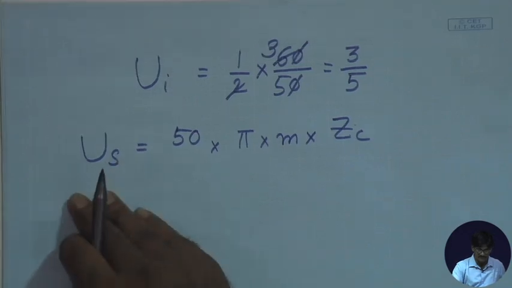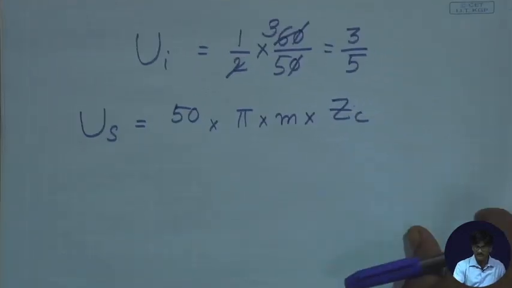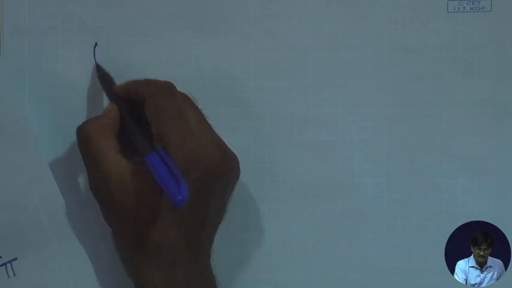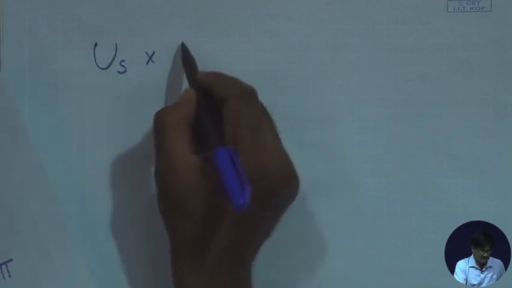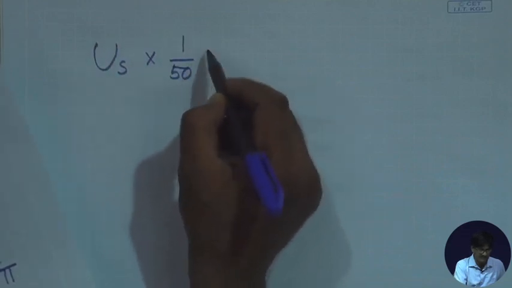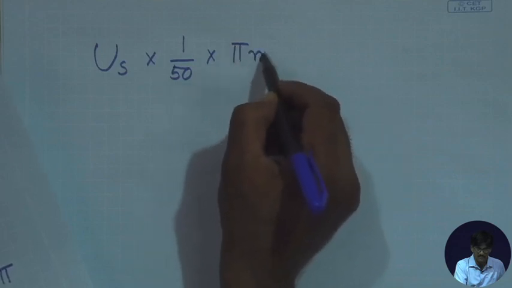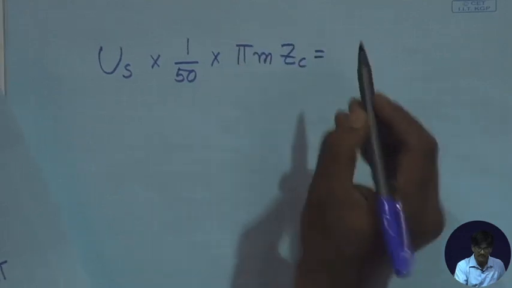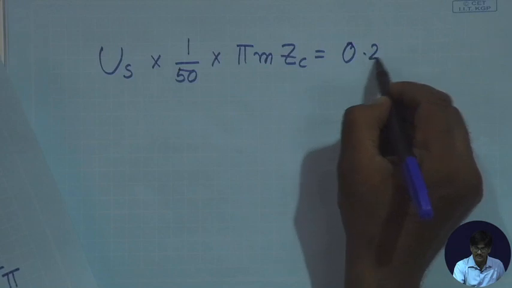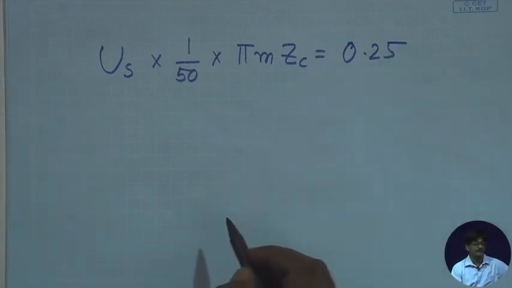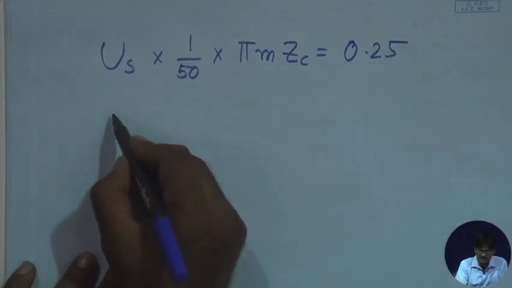Sorry, I made a mistake. I will just remove this from consideration. Yeah, this is it. US into 1 by 50 into pi m ZC equal to 0.25.